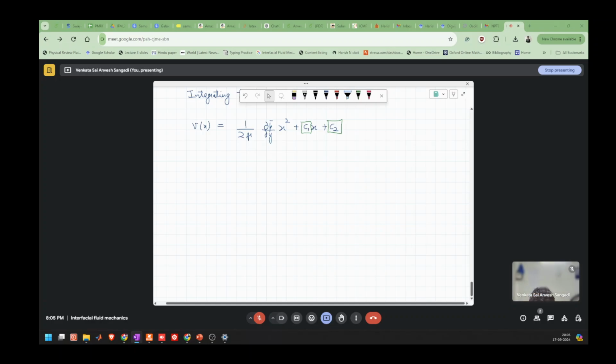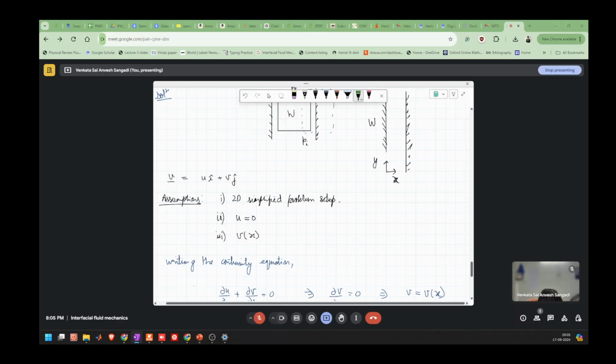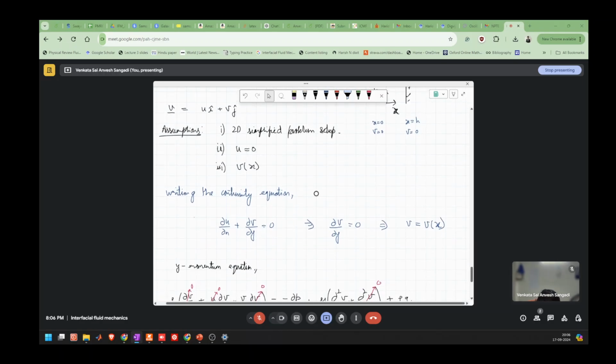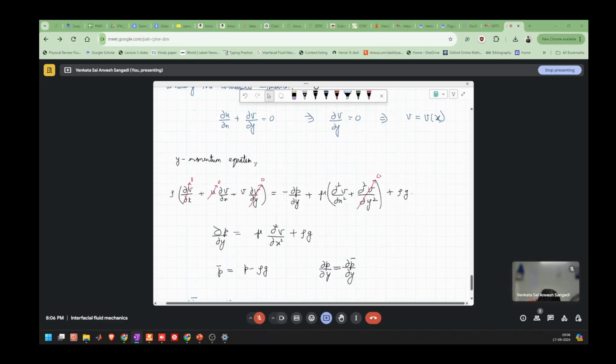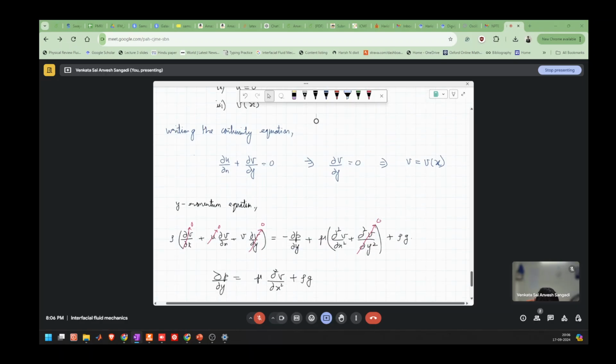We have the two boundary conditions: at the left boundary, x equal to 0, v equal to 0, and at x equal to h, v equal to 0. So these are the boundary conditions.